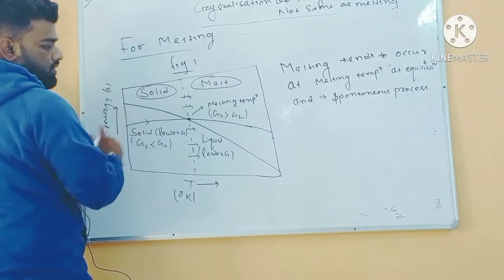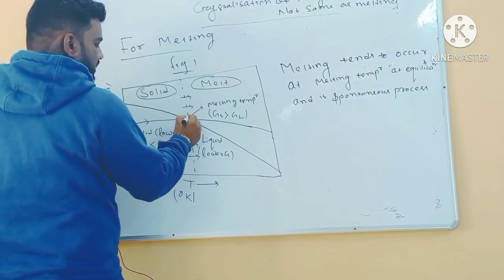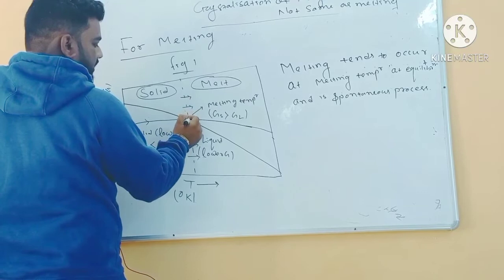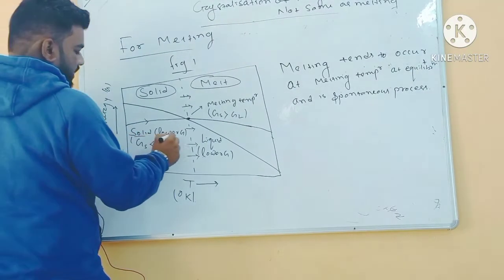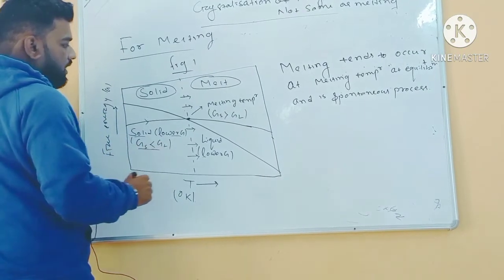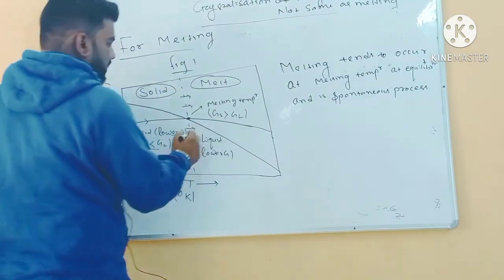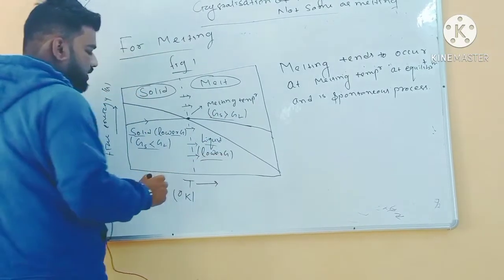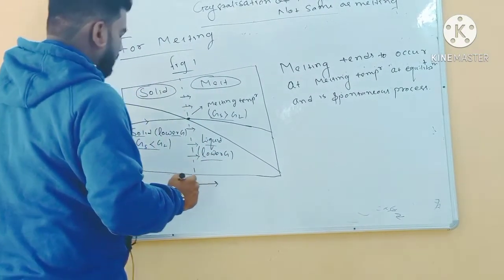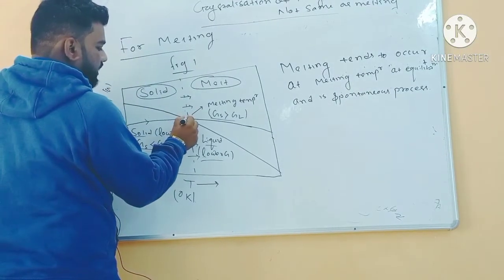Here all the things are solid, here all the things are melt, and this point is the melting temperature. Here the solid has the lowest G, Gs is less than Gl, and here Gs is greater than Gl, so here liquid has the lower G. So the melting will take place at this point, at the melting temperature.